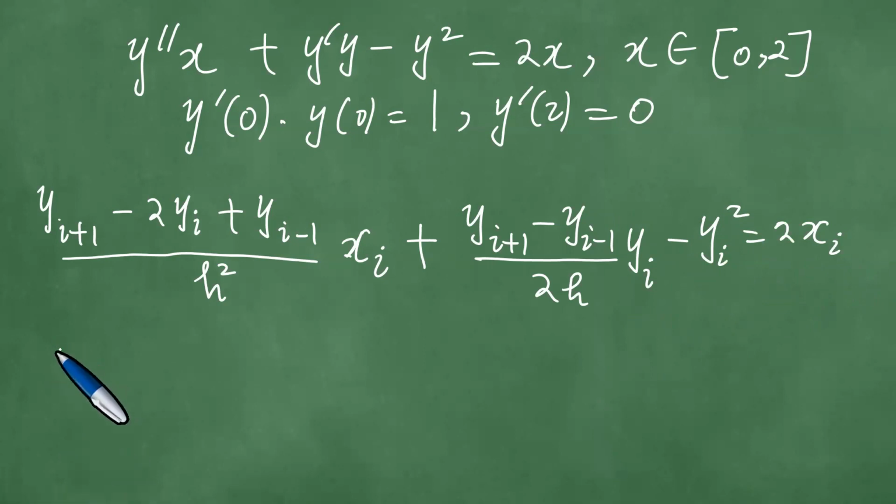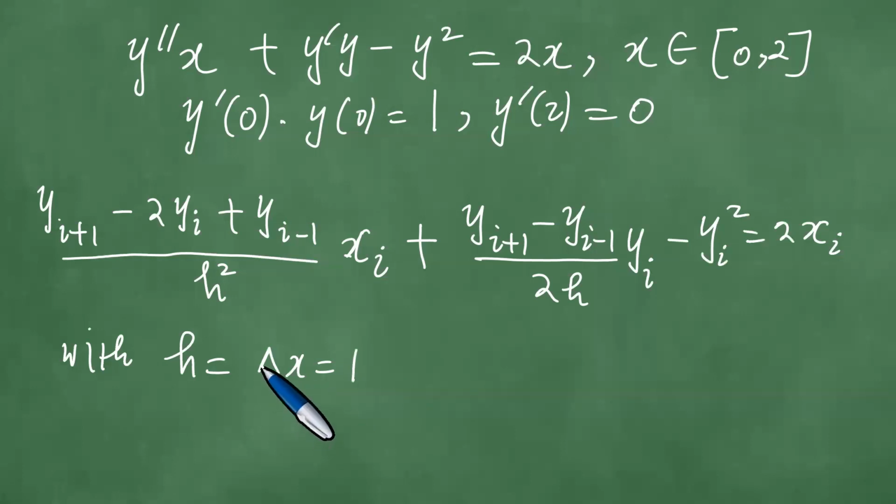So this is true, but it is true with h equals delta x equals 1. So we continue to manipulate this. Once we know that h is 1, we substitute everywhere, and then we get the answer.